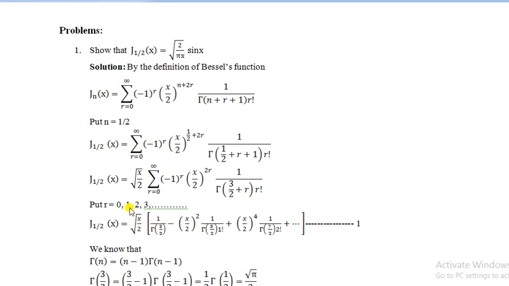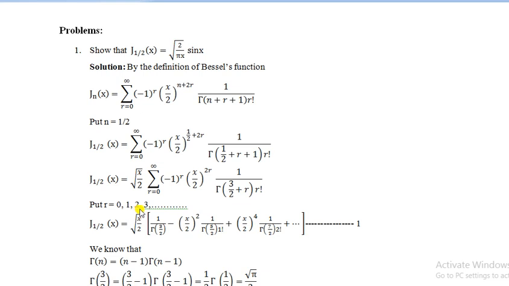Then put r equal to 1. So minus 1 raised to 1 becomes minus sign, x by 2 raised to 2 into 1, and 1 divided by gamma of 3 by 2 plus 1, so 3 by 2 plus 1 is 5 by 2, into 1 factorial. So you get the second term.